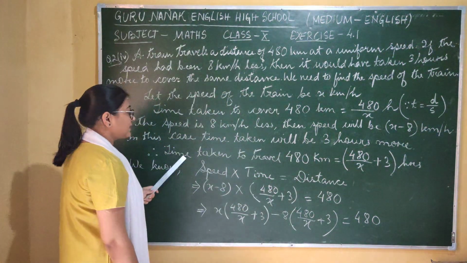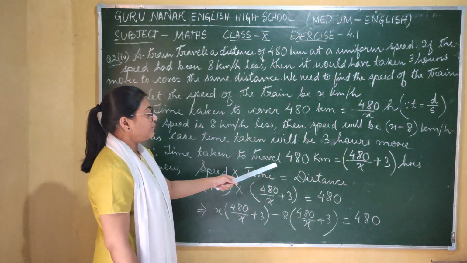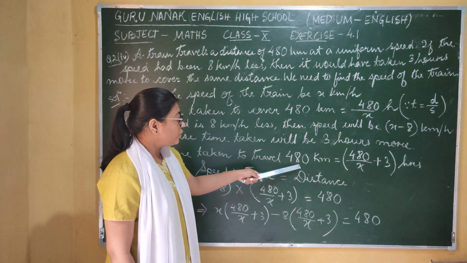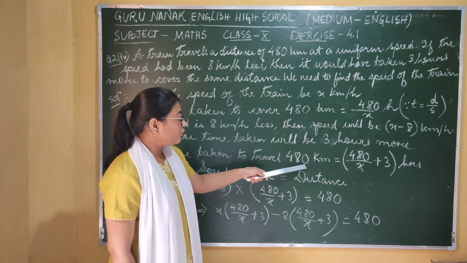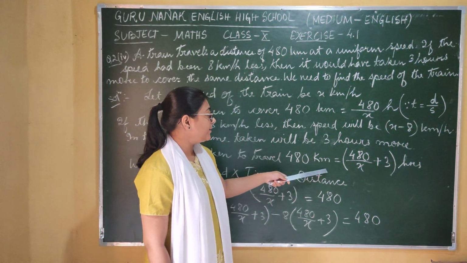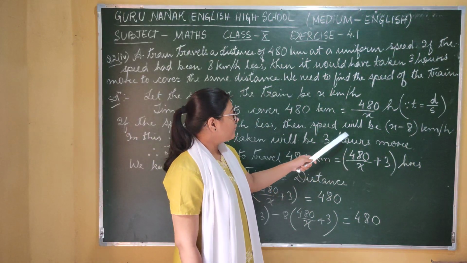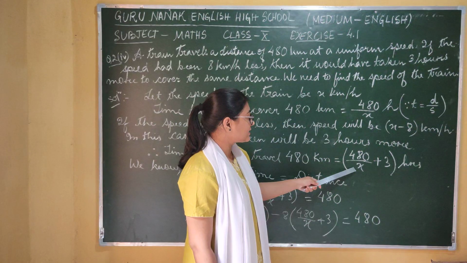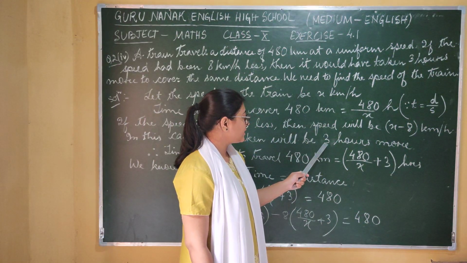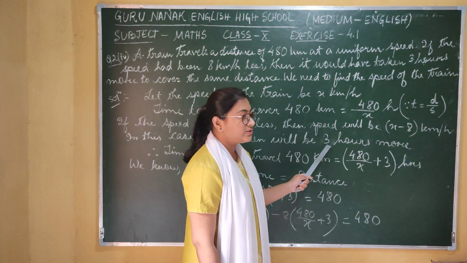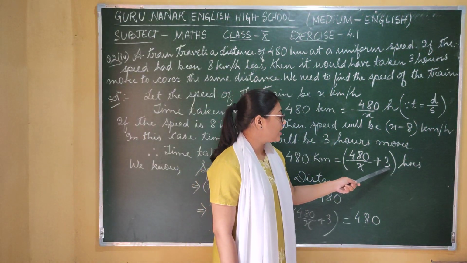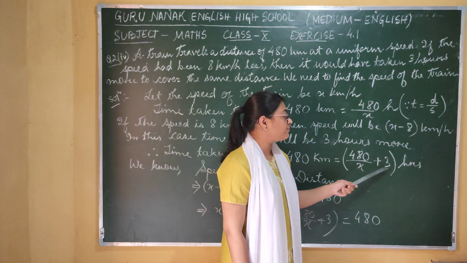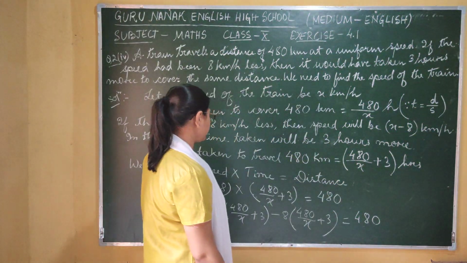So in that case, the time taken to travel 480 km, because the distance is the same, see, we have already found the time as 480 by x. Now in this case the time taken will be 3 hours more, so we will add plus 3. So now our time will be 480 by x plus 3 hours.